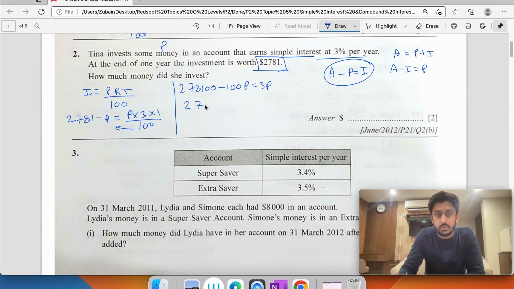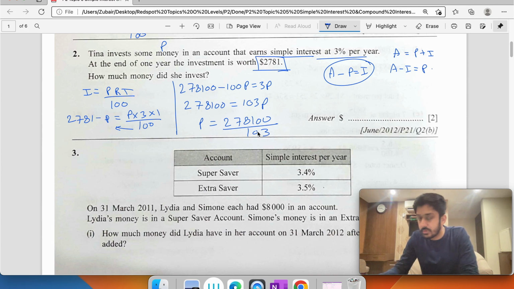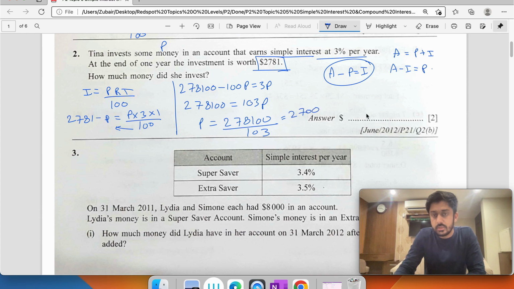Rearrange: 278100, this is negative, on the other side it gets added. So P is 278100 by 103. 278100 divided by 103, and the invested amount was 2700, the principal amount.